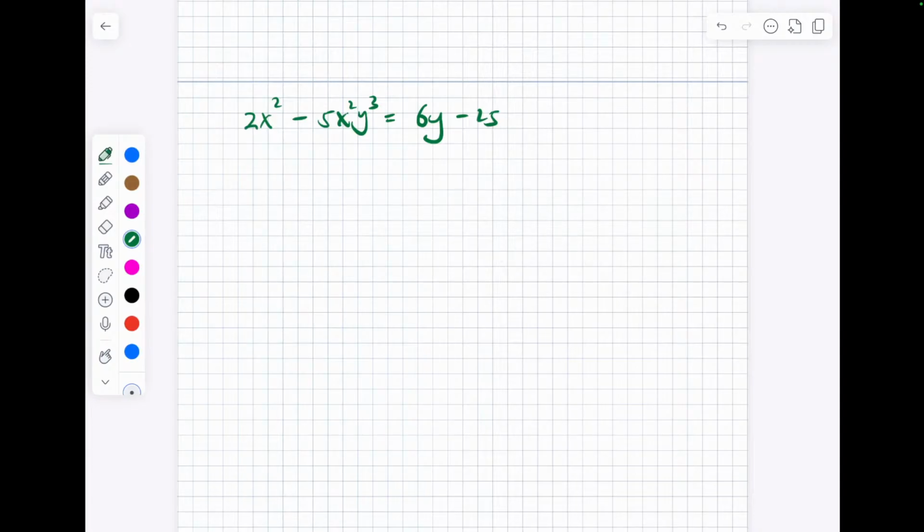Now I would like to talk about the area of a trapezoid. This one is good for calculus because there's actually something called the trapezoid rule.